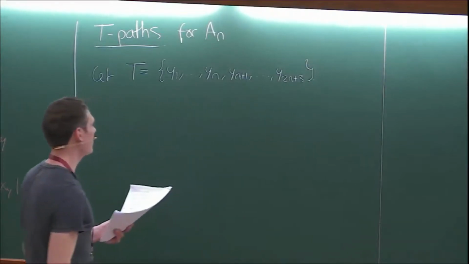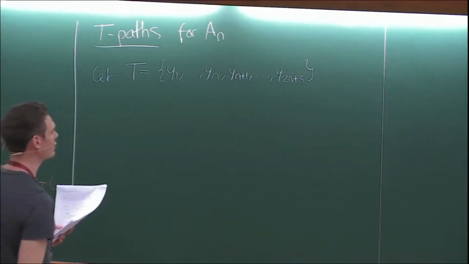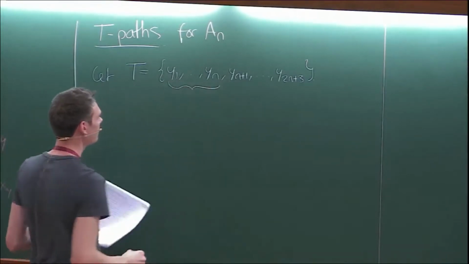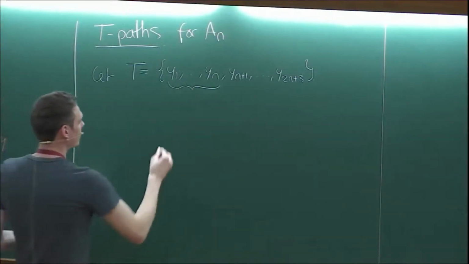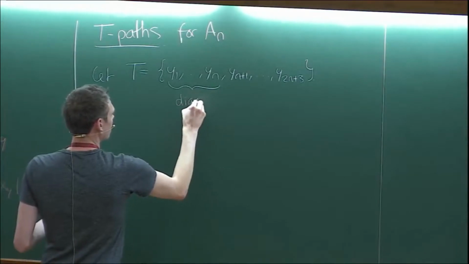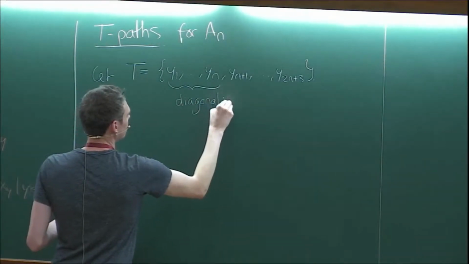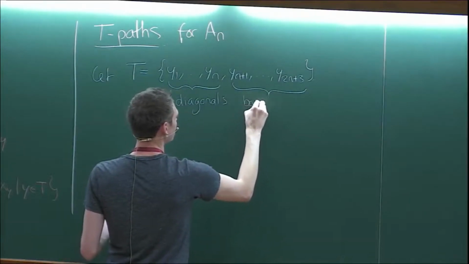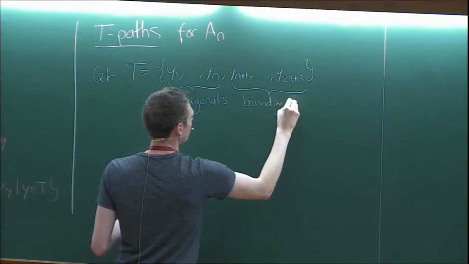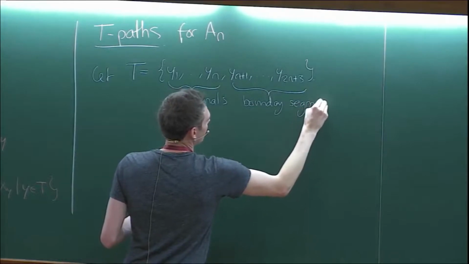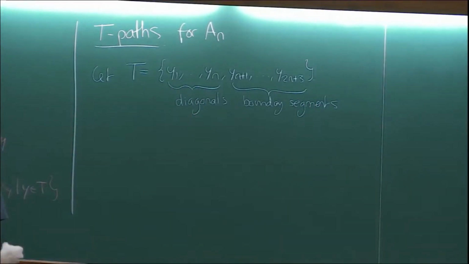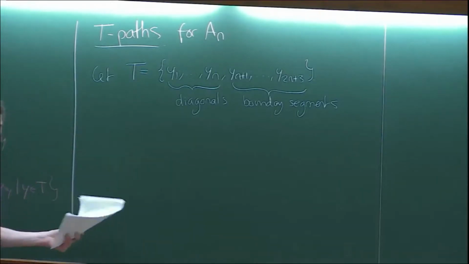So it's a triangulation of the n plus 3 gon, so we'll have 2n plus 3 things. The first n are going to correspond to the diagonals. And the remaining ones are going to be the boundary segments. Okay. So this is our initial cluster.